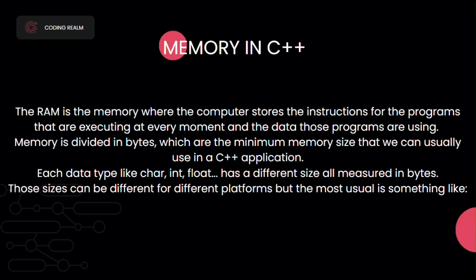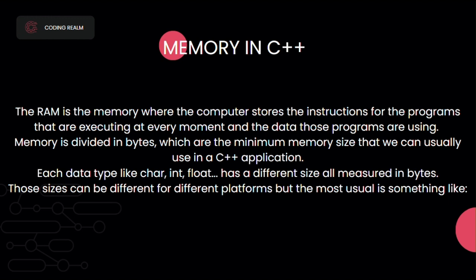Memory is divided in bytes, which are the minimum memory size that we can usually use in a C++ application. Each data type, like character, integer, float, has a different size in bytes.